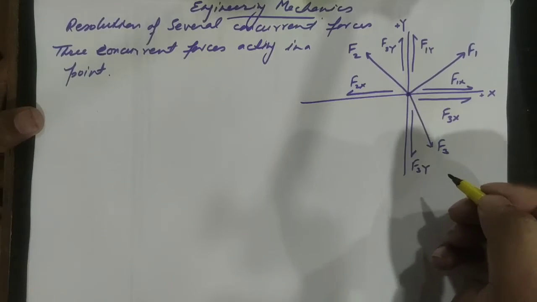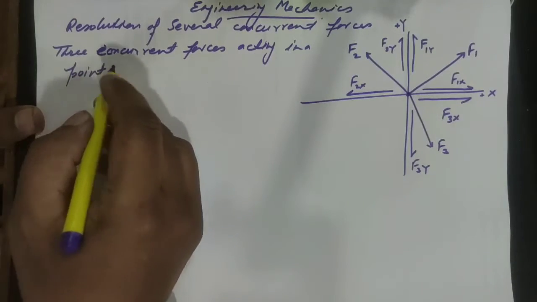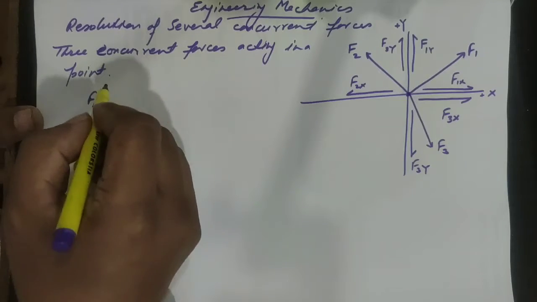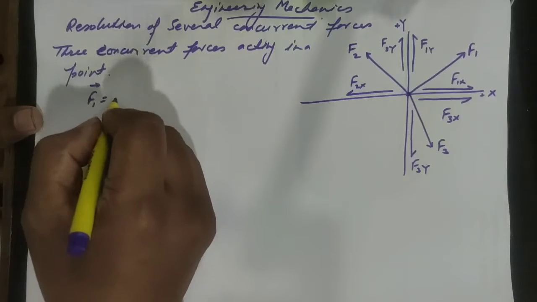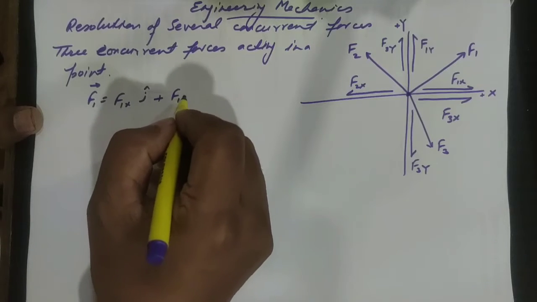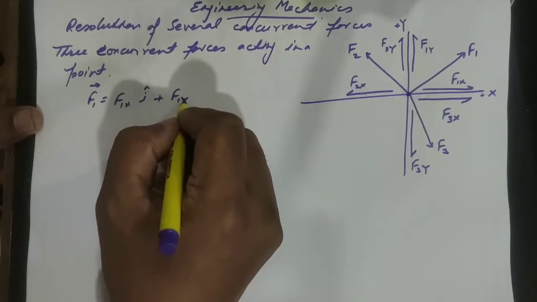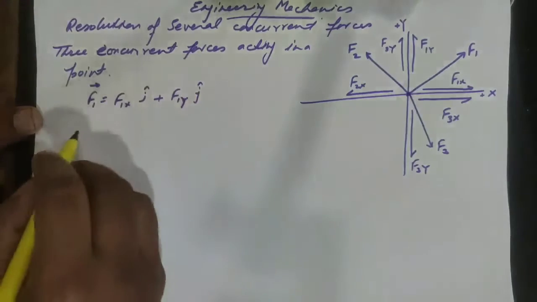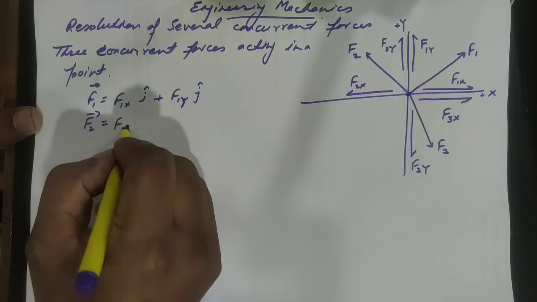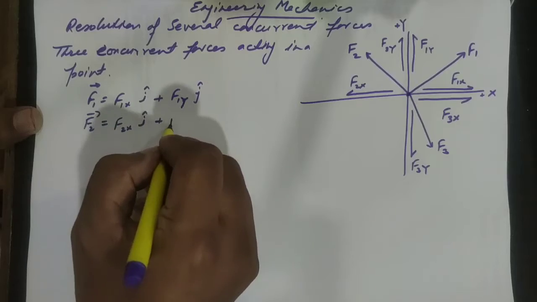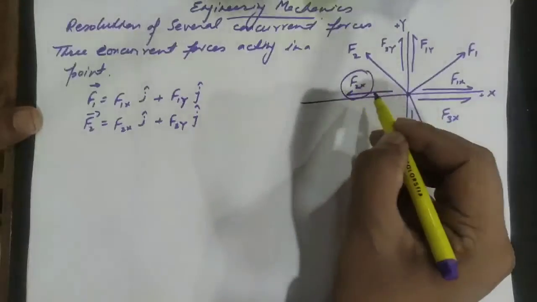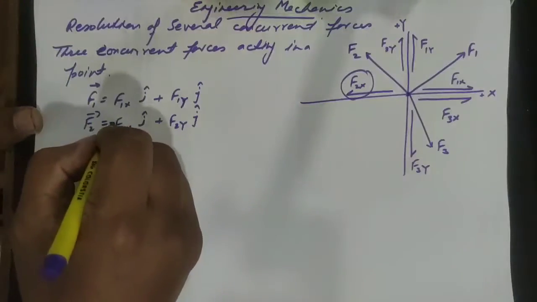So we can write in vector form: vector F1 is equal to F1X with unit vector I plus F1Y with unit vector J. Force F2 is equal to F2X I plus F2Y J, but the direction of F2X is minus X, so a minus sign will arrive over here.